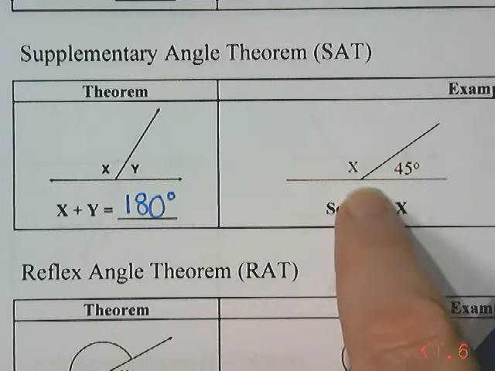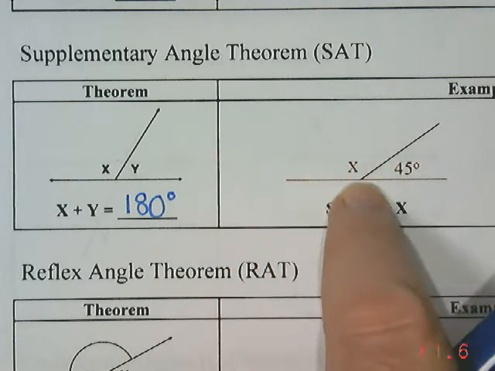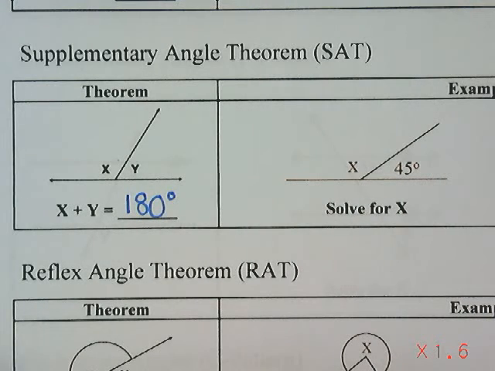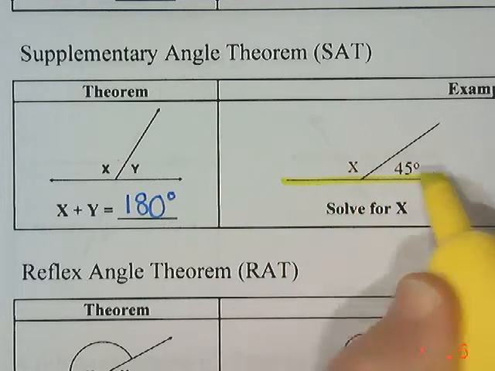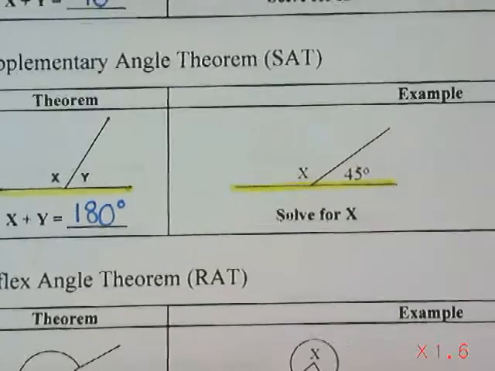Now we have a question here. I have angle x, I have angle 45, and I see that together they make a straight line. So in a question with supplementary angles, I am always looking for the straight line, right? Complementary angles, I was looking for that square to say that it was 90 degrees. Supplementary angles, I'm looking for the straight line.